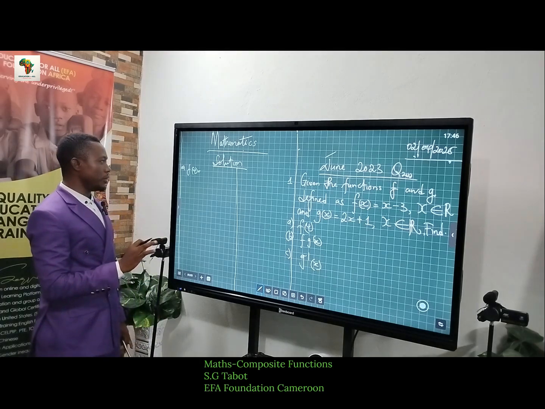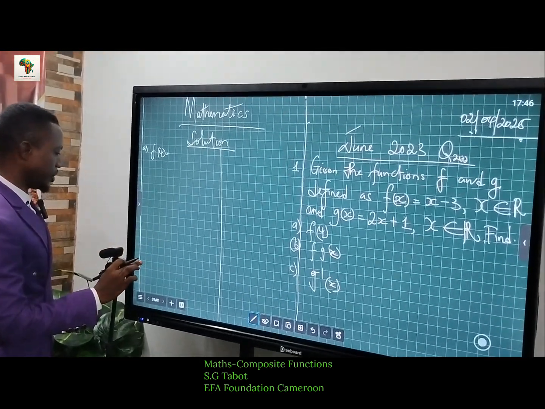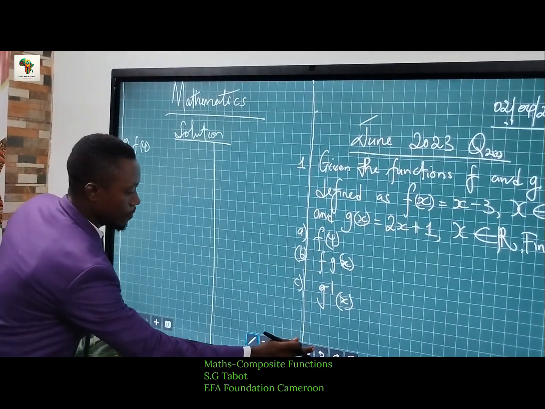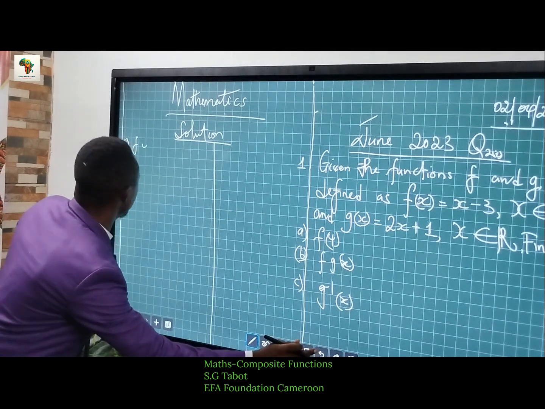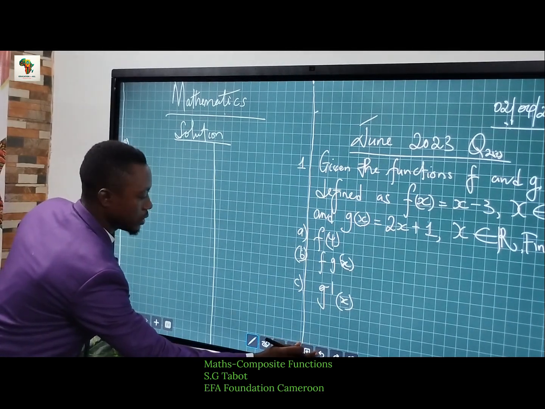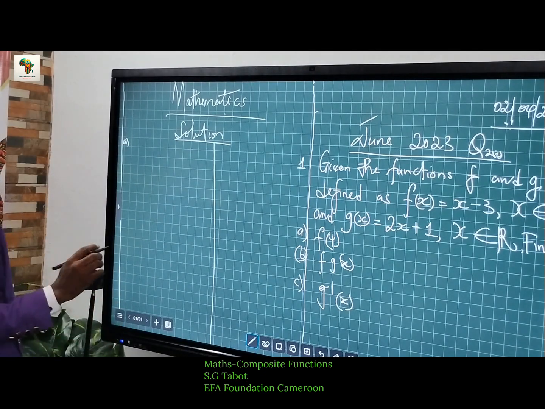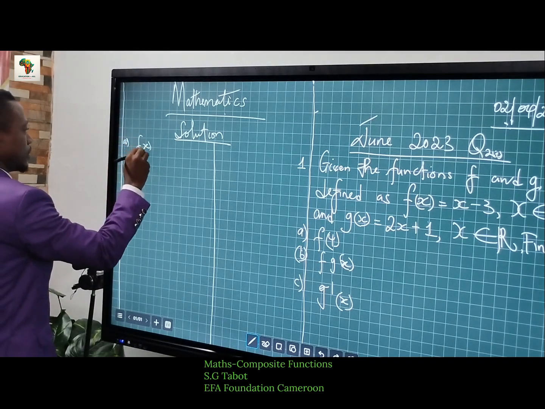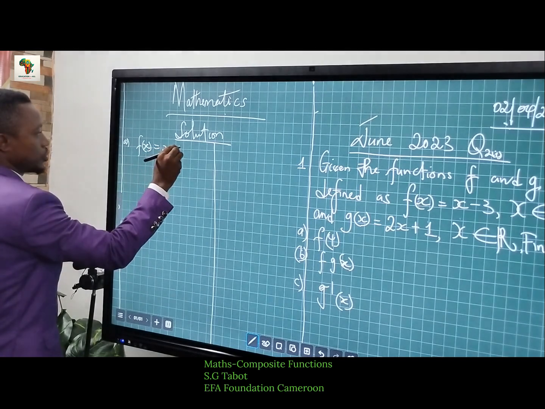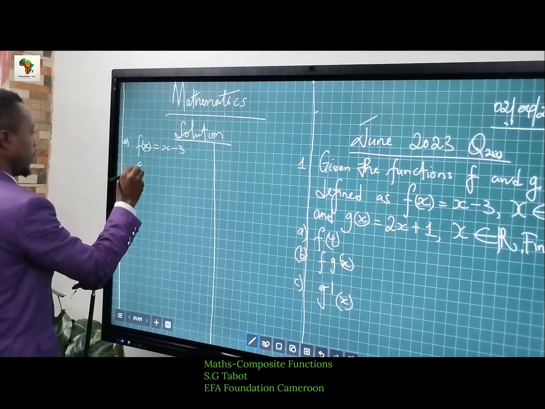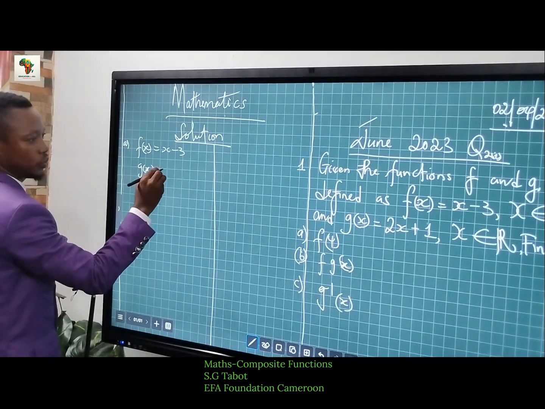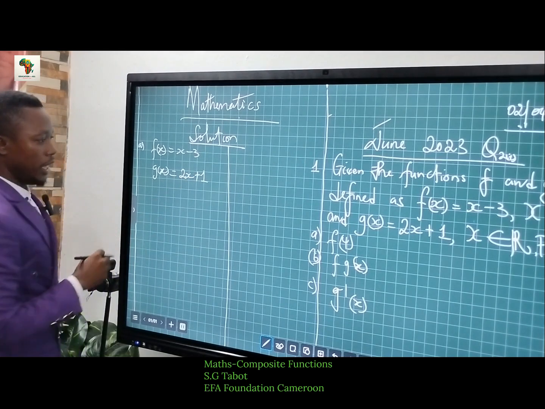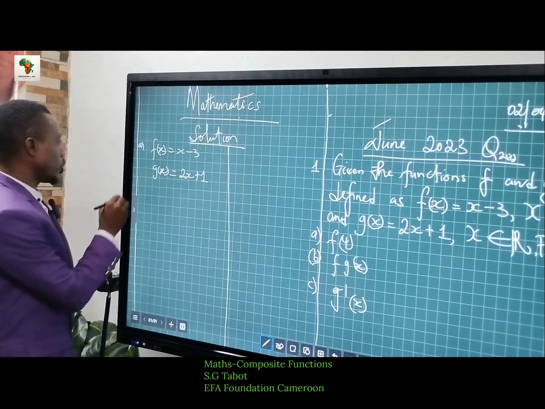I would rather you first recopy the functions, where you have f of x equals x minus 3 and g of x equals 2x plus 1.